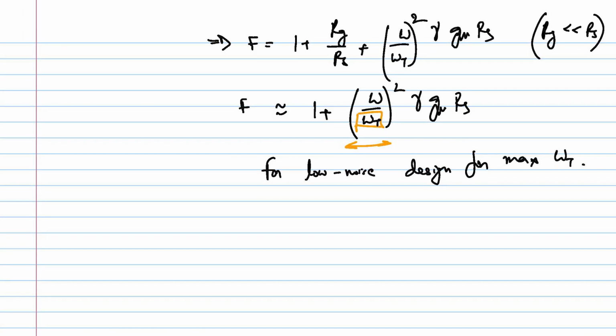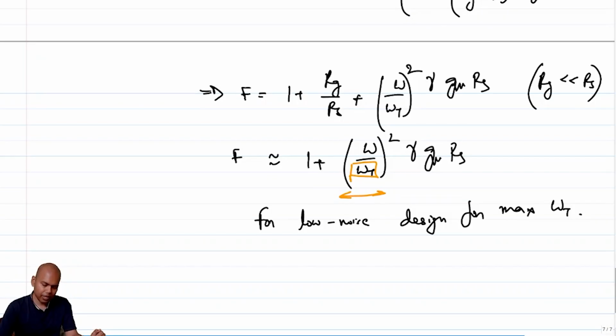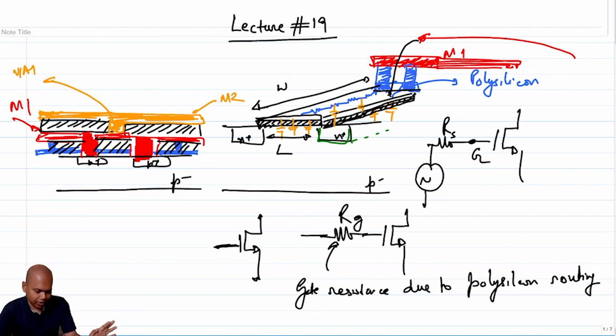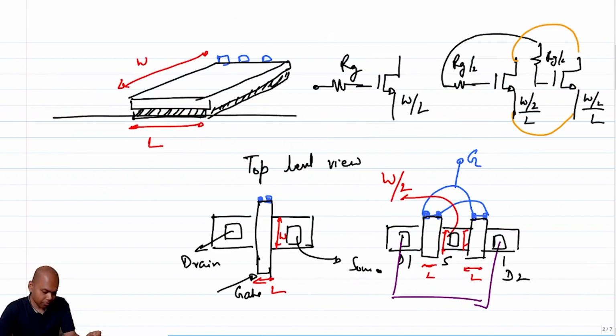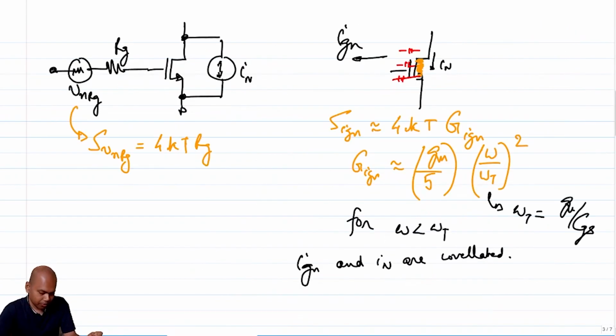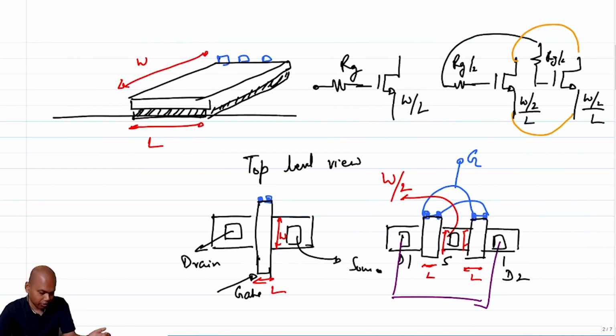Okay, so what is the key takeaway till now? The key takeaway in today's lecture is that we understood the thermal noise contributors in a MOSFET other than the channel noise, namely the noise due to Rg. We saw how to reduce the noise due to Rg by putting transistors in parallel.